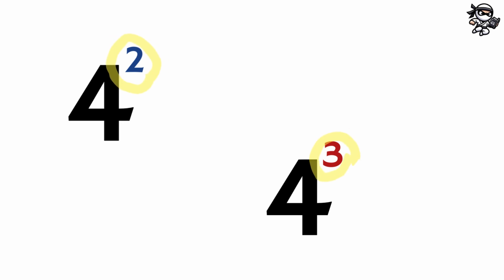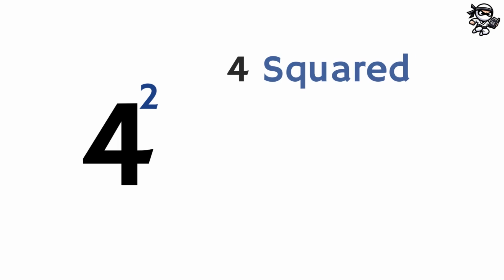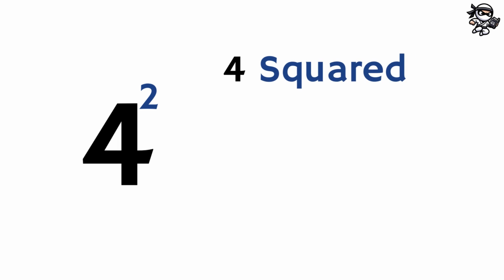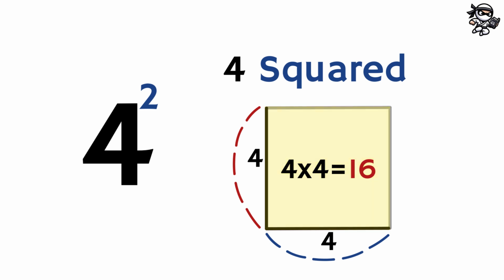The last thing I want to talk about are the exponents 2 and 3. They are very commonly used and they have special names. The exponent 2 is called squared and the exponent 3 is called cubed. So 4 to the exponent 2 is also called 4 squared. And that is because if you have a length of 4 and a width of 4, the area of that square is 4 times 4 or 16, so they just call it 4 squared.